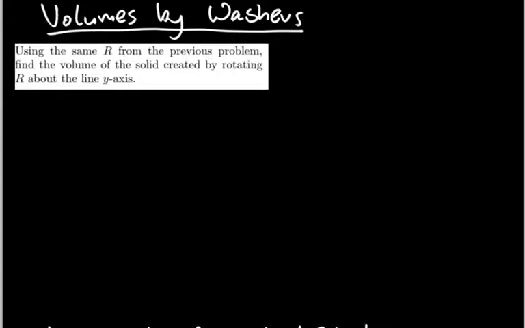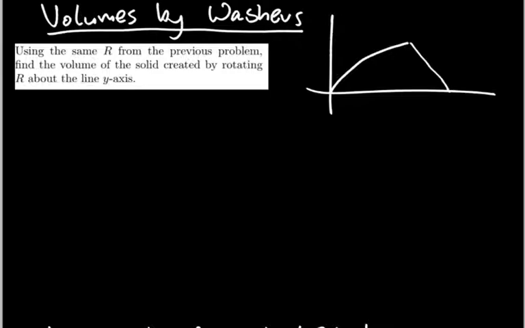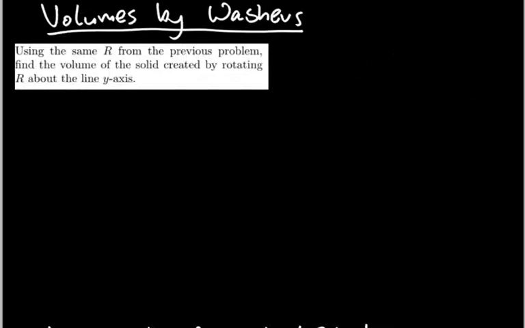Volumes by washers. So let's use the same R. So same picture, same idea there. Something like that. Actually, this is more accurate. And then we're going to rotate it around the y-axis. Okay, so let's actually redraw this so that it's easier to see how that looks.